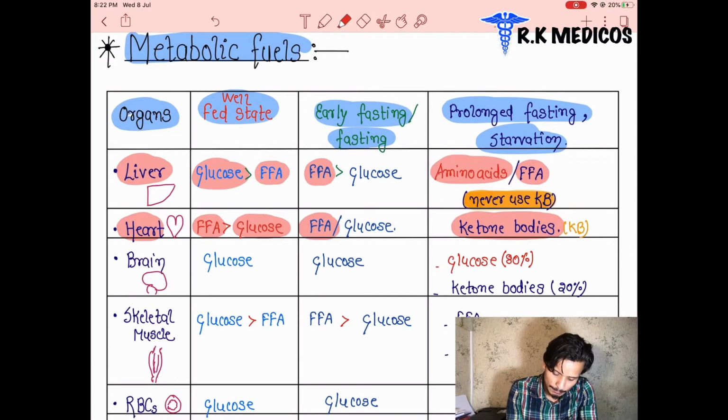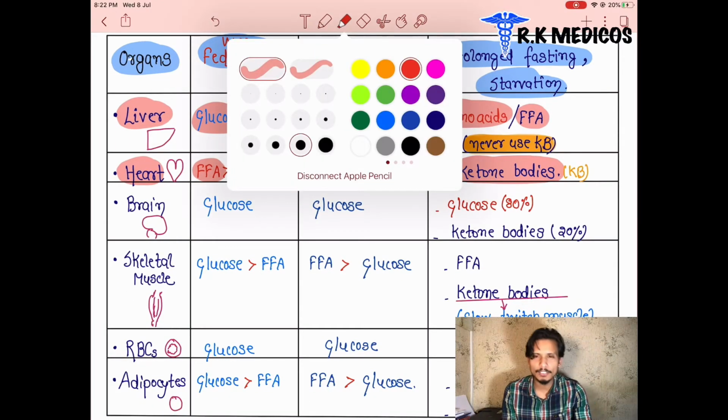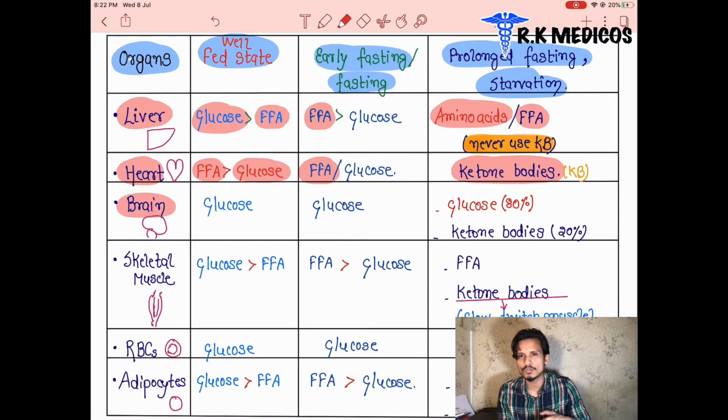Next, the third organ is the brain. In the brain, which is the major source of energy preferred for utilization? That is glucose in the well-fed state. In early fasting, glucose once again. In the prolonged state, mainly the source of energy is glucose, only glucose.